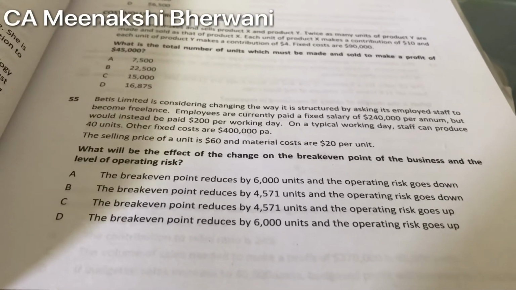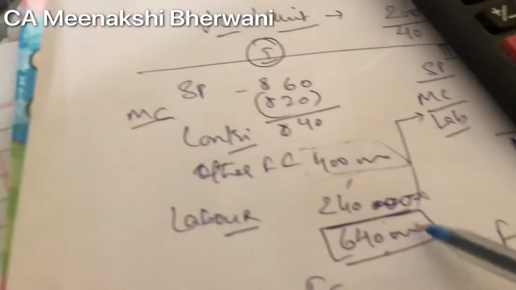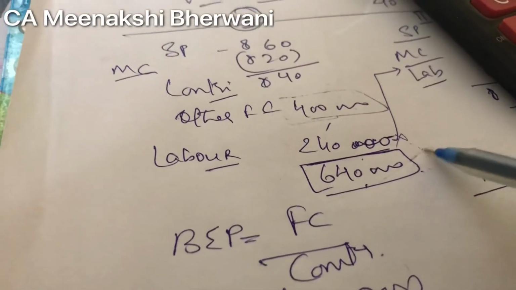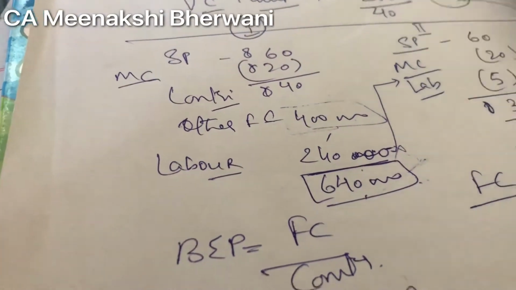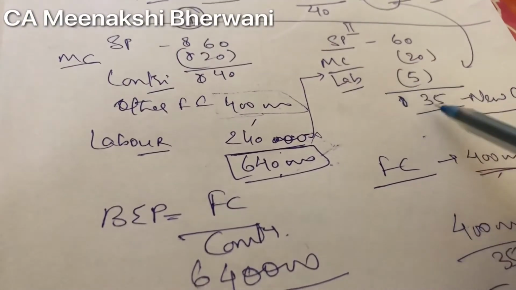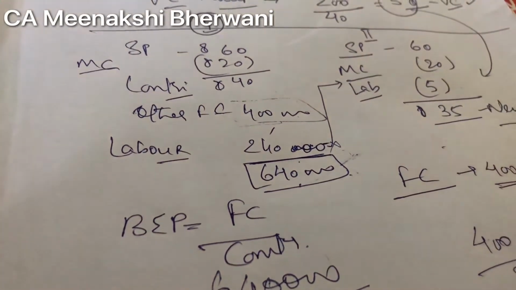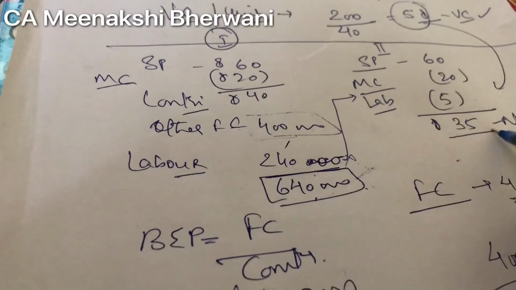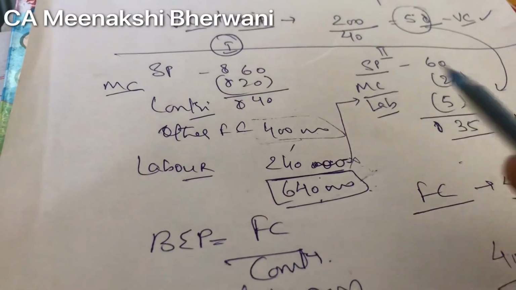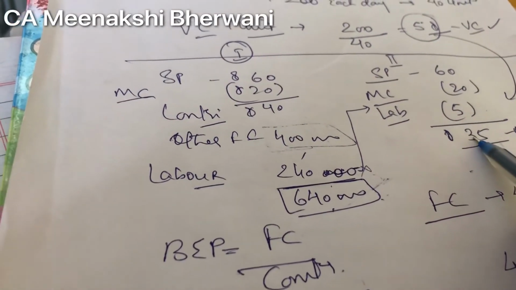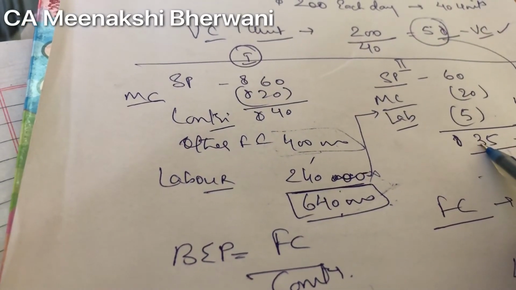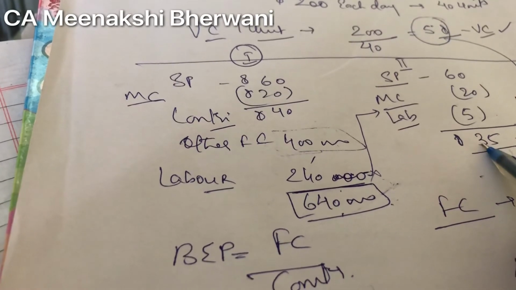The first criteria is going to have higher risk, where my fixed cost was 640,000, because I'll be incurring this cost even if there is no production on a particular day. But I will not be incurring the variable labor cost. If there is no production, I would not be paying anything to the workers. So my risk goes down because a substantial part of my fixed cost is now converted into variable cost.